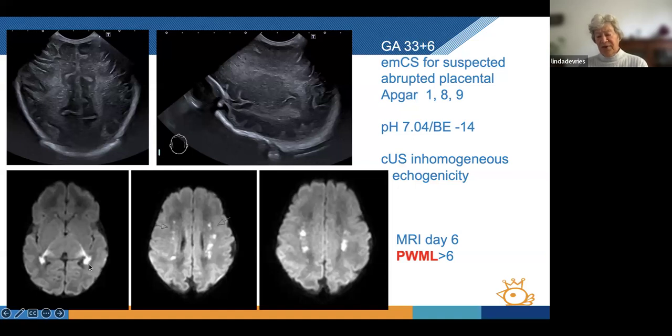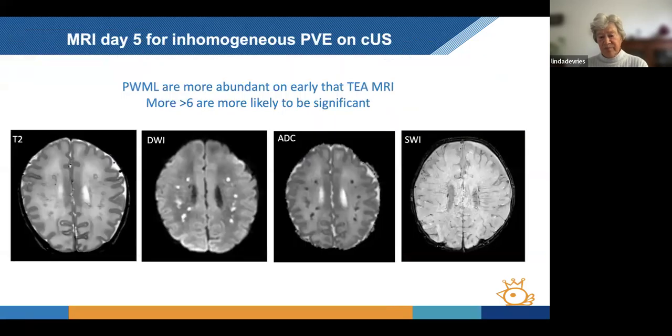And we know that if there are more than 6 punctate lesions, there is some concern about subsequent outcome. But we also know that if you see these punctate lesions, then you're not going to get a cystic PVL grade 3. It's not going to evolve into extensive cystic lesions.